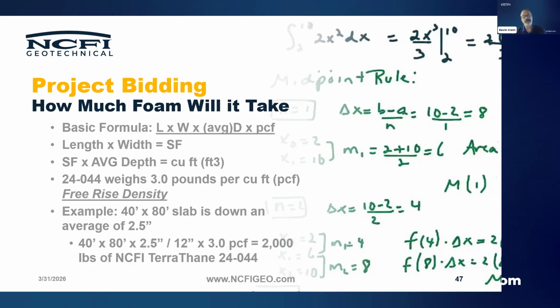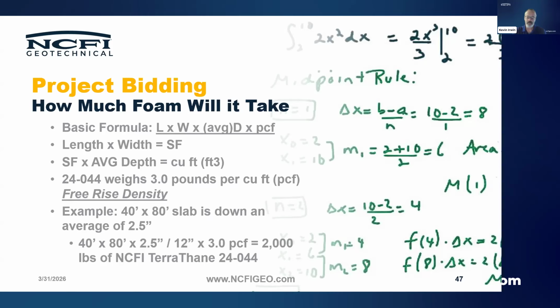Now I can look at that and say, I've got 2,000 pounds at free rise density. So that's what I just calculated. I didn't calculate how many pounds it's going to take to do the job. I calculated the minimum amount of pounds it's going to take to do the job, assuming that all of my other numbers are correct, right?